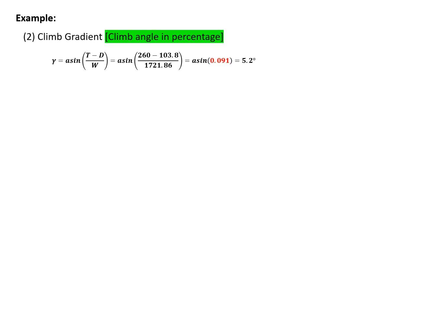And actually the climb gradient is just 9.1%, which is based on the right triangle. So that's the climb gradient.